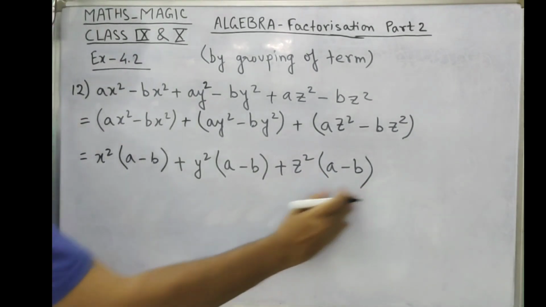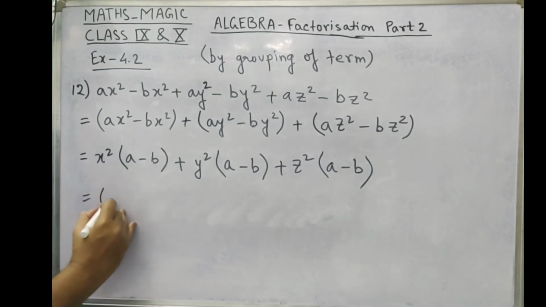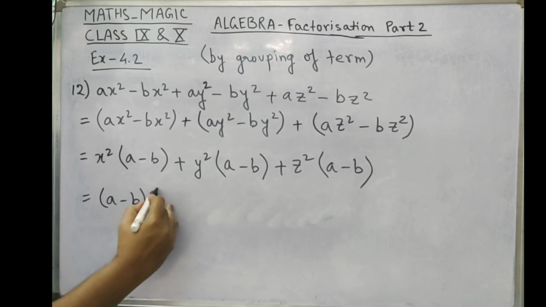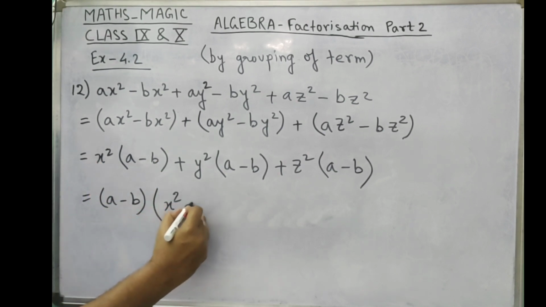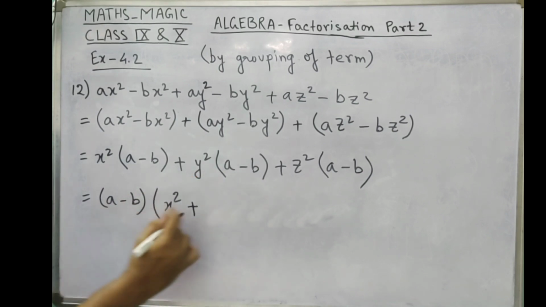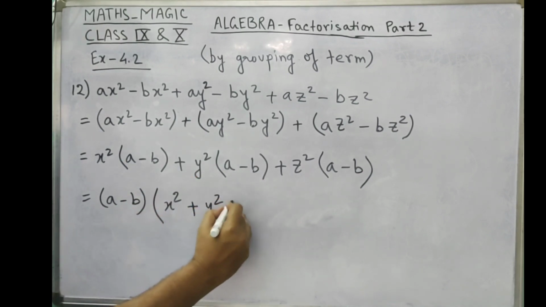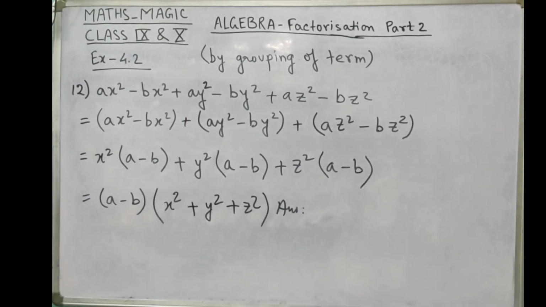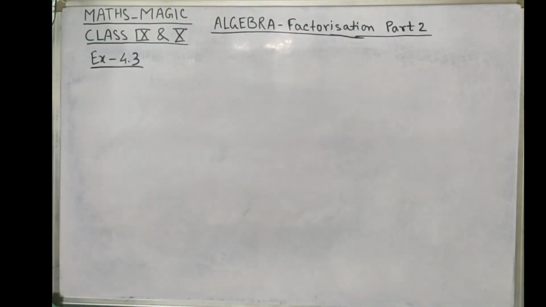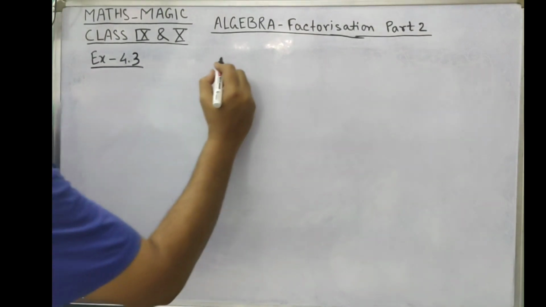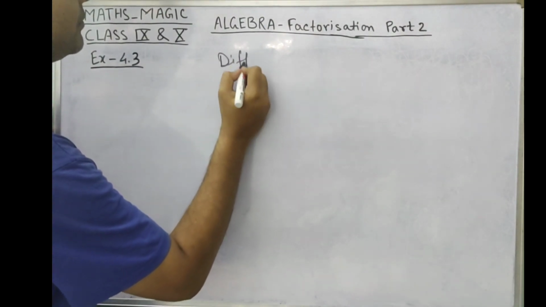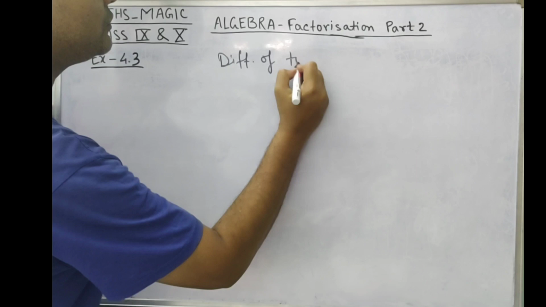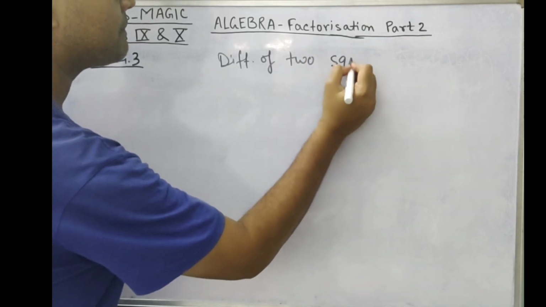Now from these three, a minus b common. This divided by this, left with x square. This divided by this, left with y square. Similarly, z square. So this is my answer. This will be for factorizing by difference of two squares.